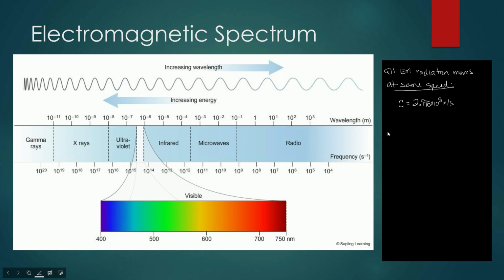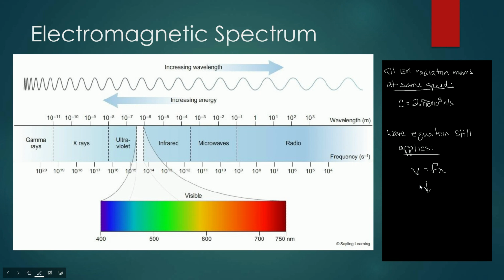The other thing is that the wave equation still works. So the wave equation still applies. Just to remind you guys of what that wave equation is: before, we saw it as speed is equal to frequency times wavelength. Now we're going to see it a little bit differently.